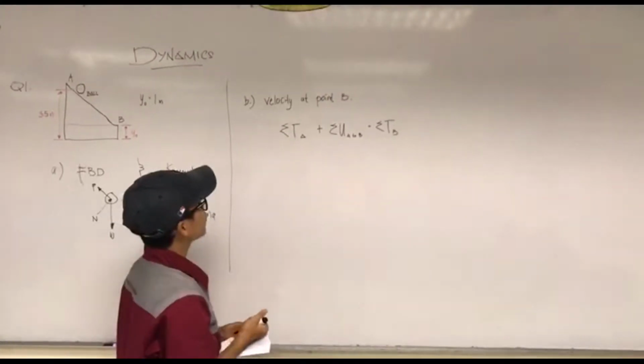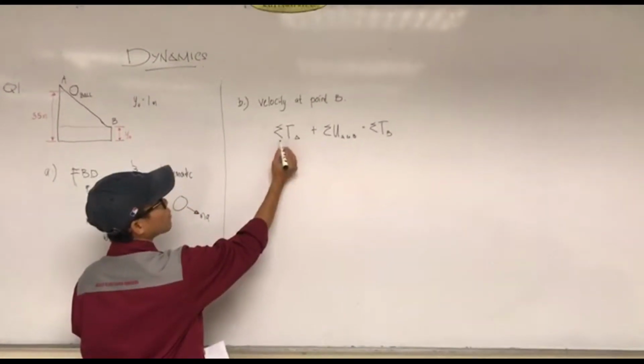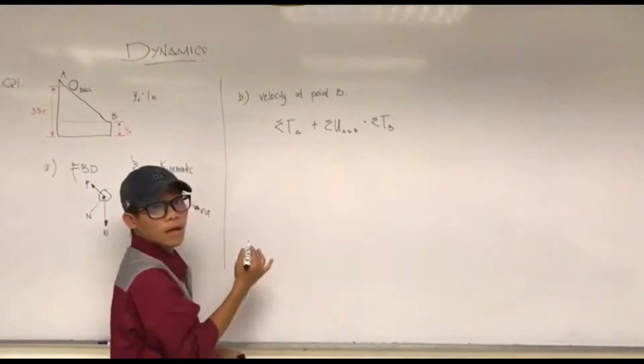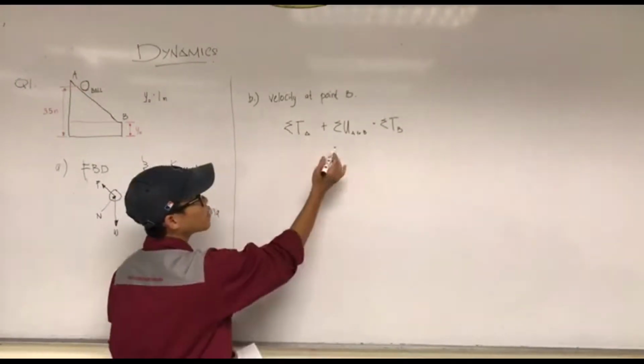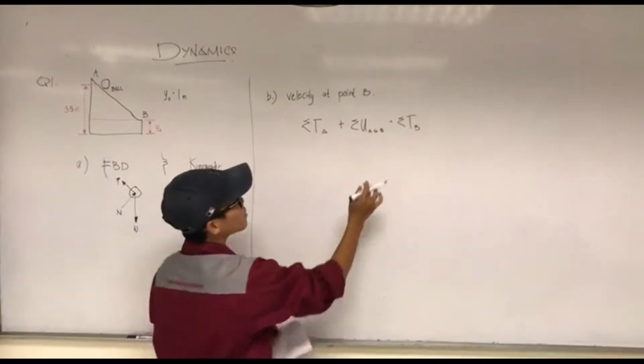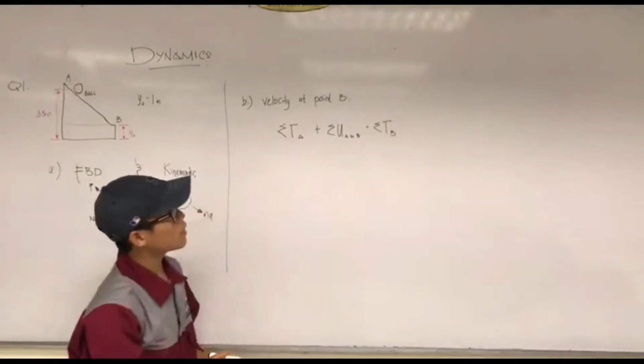And then we know the summation T is the kinetic energy, and summation U is the work done of the ball, and this summation T is the final kinetic energy.